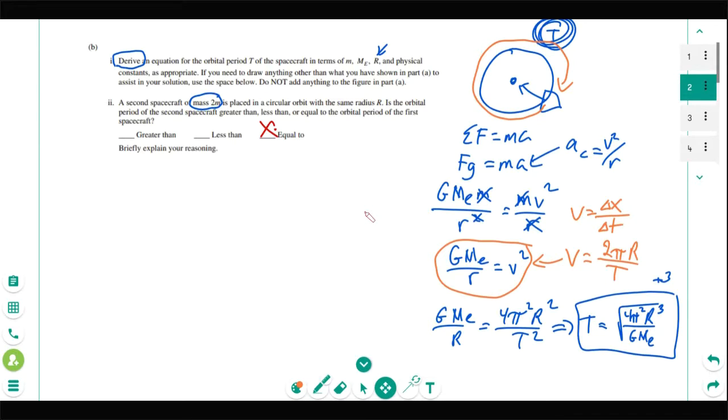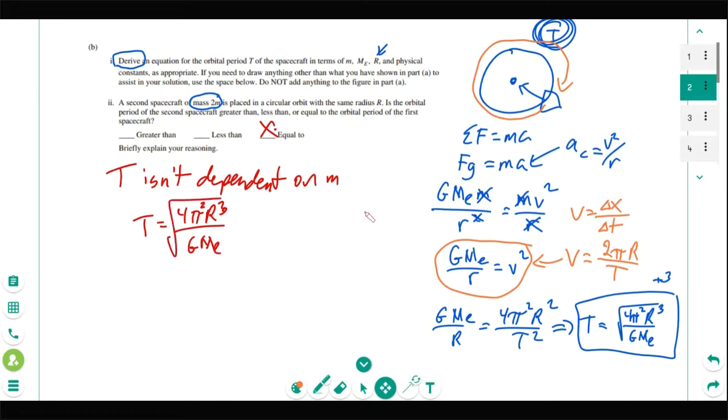They must be equal because T isn't dependent on little m. There is no little m in this T equals the square root of 4 pi squared R cubed over G M_E. Nowhere in here is the mass of the spacecraft.